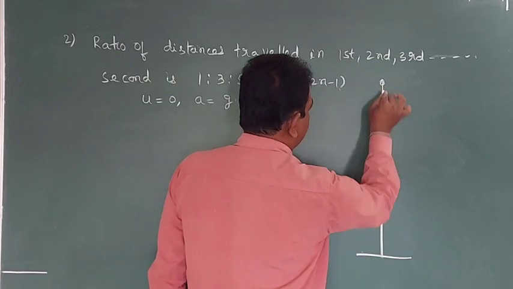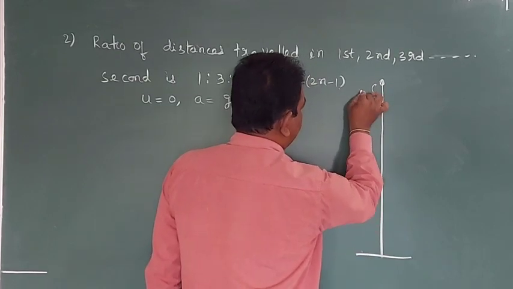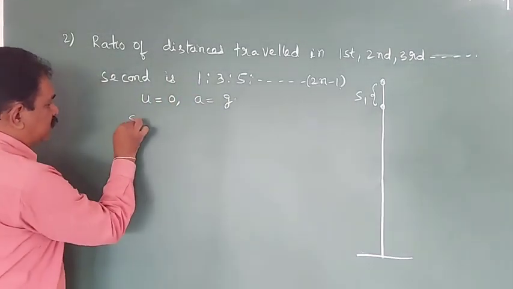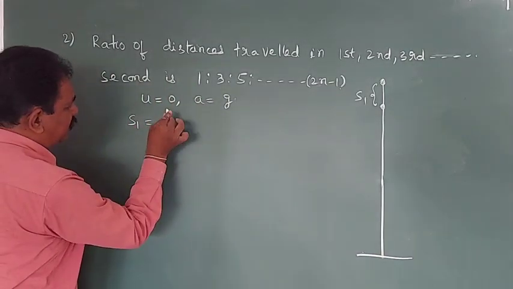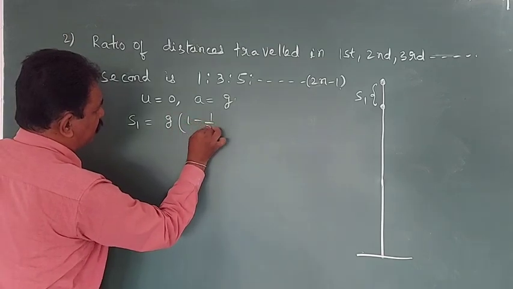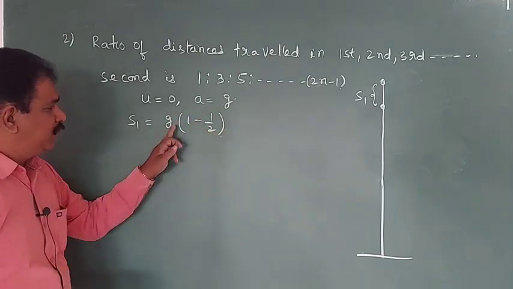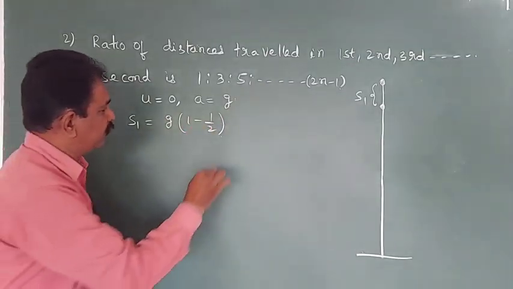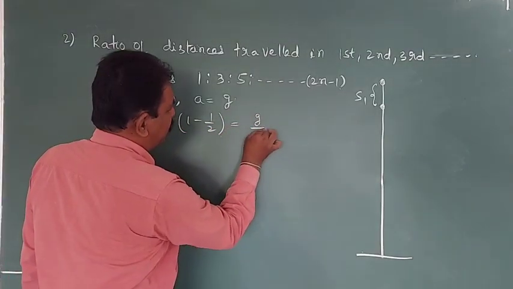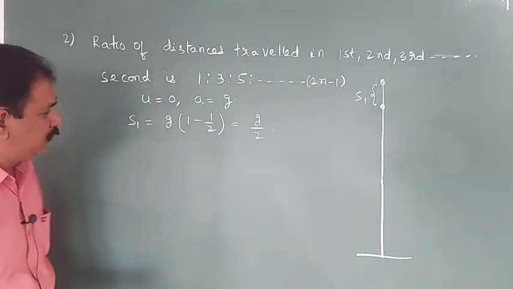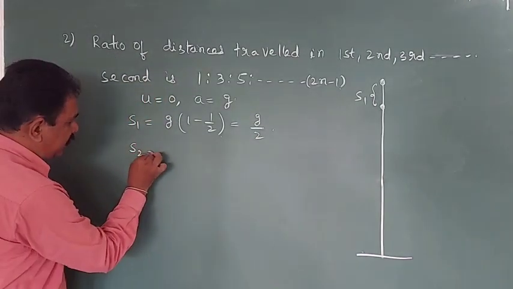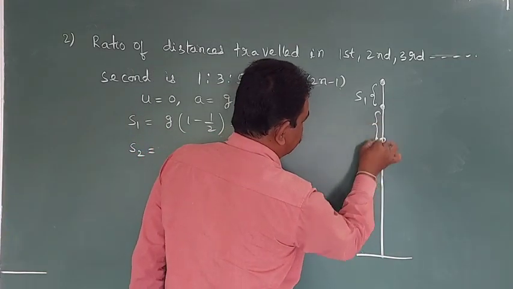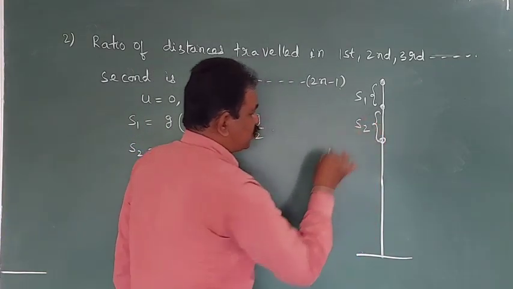In the first second, it traveled a distance s1. So s1 is equal to g into n minus half. In place of n we have to write 1, because it is the first second. So this value will be equal to g by 2. In the second second, it traveled this distance, let it be s2.